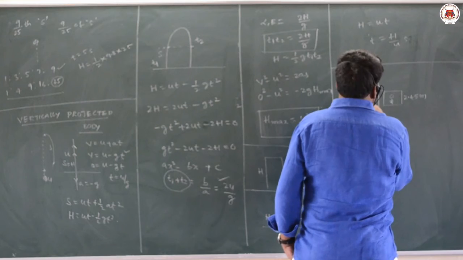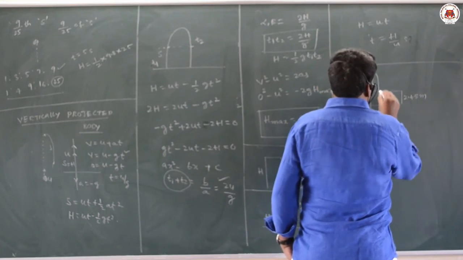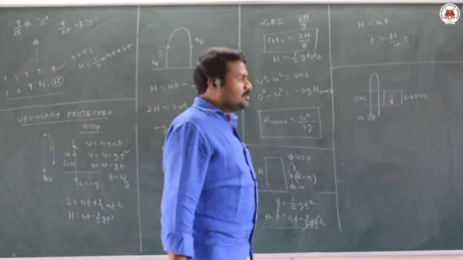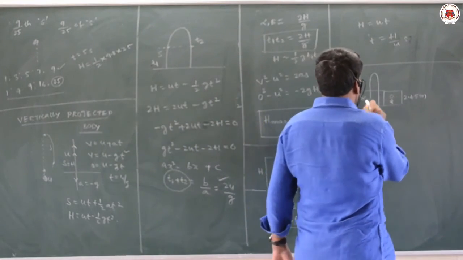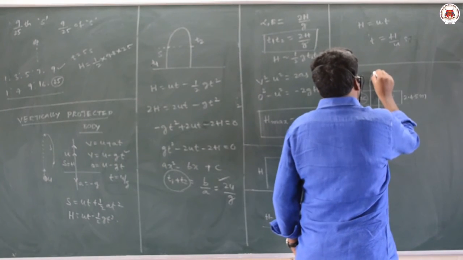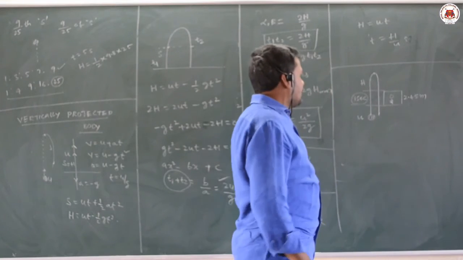The total time of sight is 1 second. A boy watches a ball moving upwards and coming down in a time interval of 1 second. Then calculate how much height above the window the ball may reach. This is the question.